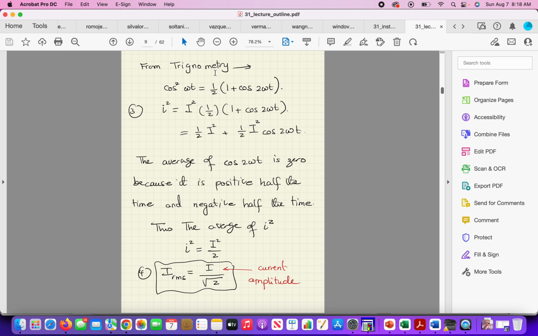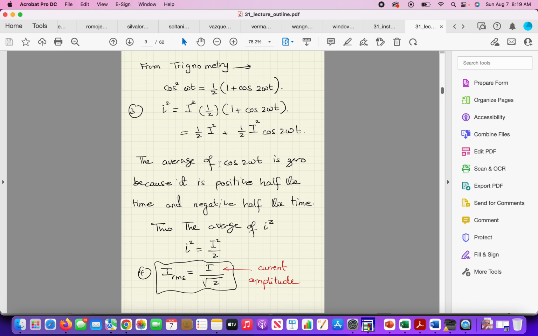And then from trigonometry, we know that cosine squared of the angle equals 1/2 times (1 plus cosine 2 theta), and therefore I can write I squared equals I squared, the current amplitude squared, times 1/2 (1 plus cosine 2 omega t).